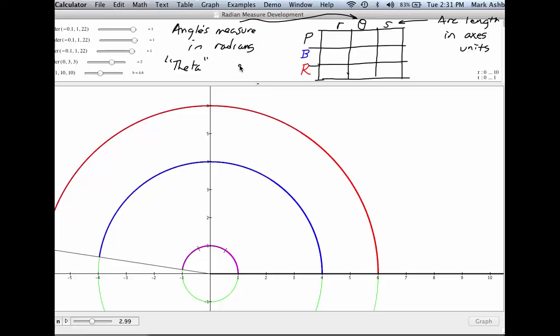And then S stands for the arc length in the axes units. Okay? So, go for it. Fill out this table. I'll take attendance. And work together. Megan can circle around and troubleshoot with you and check your work. Is the task clear?